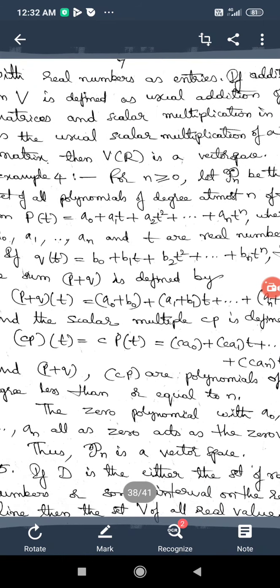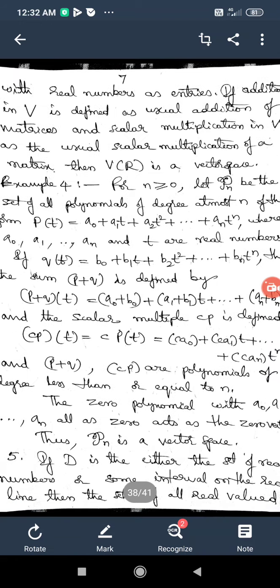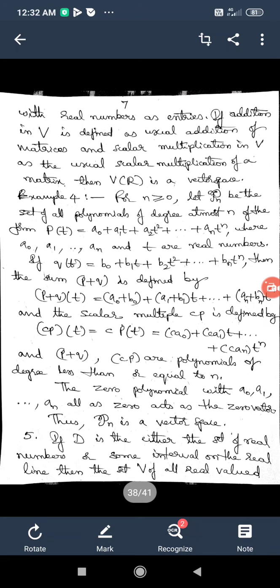Now let us see how the scalar multiplication is defined in Pn. (cp)(t) = c times p(t), defined as ca0 + ca1 t + ... + can t^n.